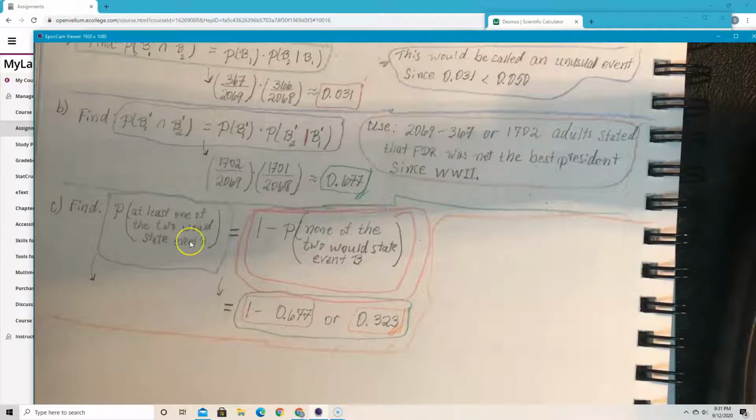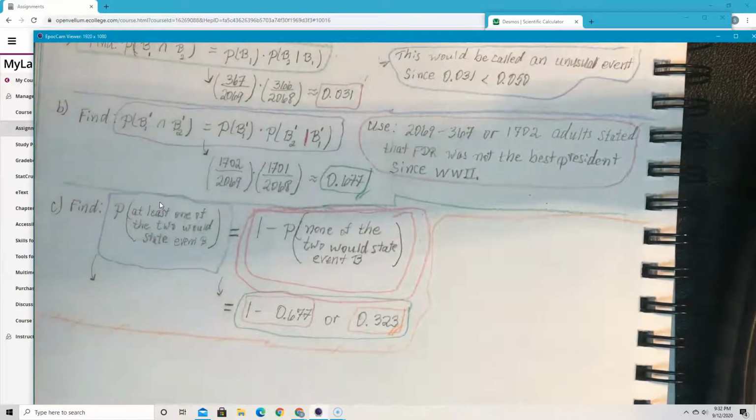Well, that's the complement of none of the 2 children are going to Disney World. And this one and this one have to add up to 1. Or another way to say that is the probability of at least one of them is equal to 1 minus the probability of none of them are going. If you know none of them are going is 20%, is 0.20, then 1 minus 0.20 would be 0.80.